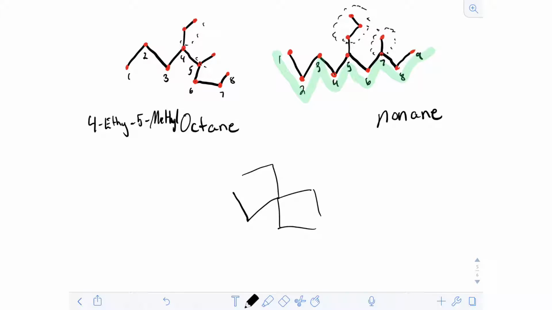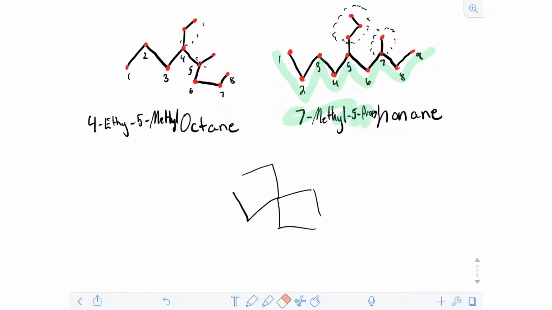So then you go alphabetical order, A, B, C, D, E, F, G, H, I, J, K, L, M, N. So we know our methyl goes first. So it'd be 7 methyl dash 5 propyl.